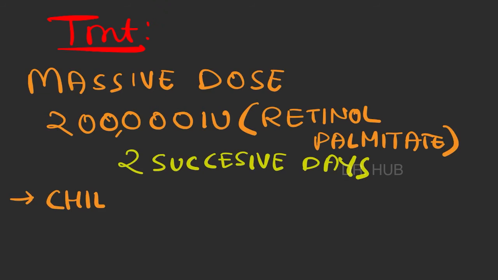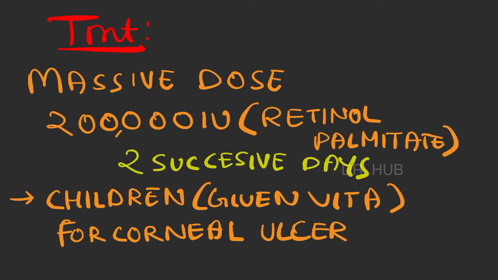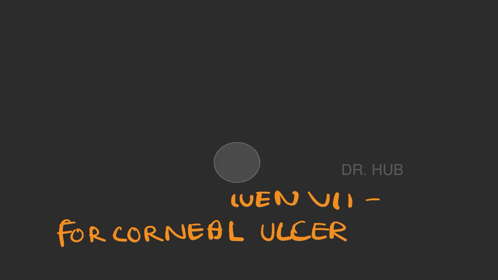Next, in case of corneal ulceration, we also need to give children vitamin A as a precautionary measure, and in early stages of xerophthalmia, by doing such practice, we can prevent it.